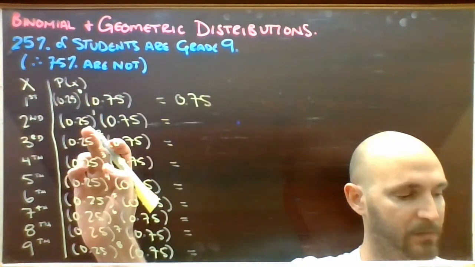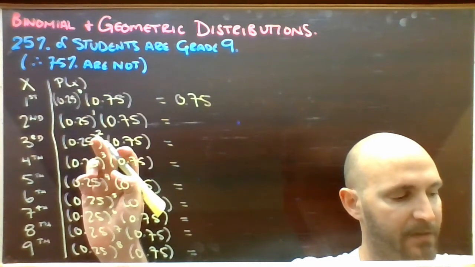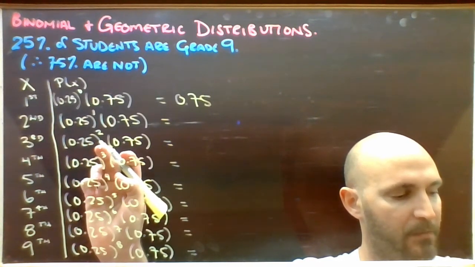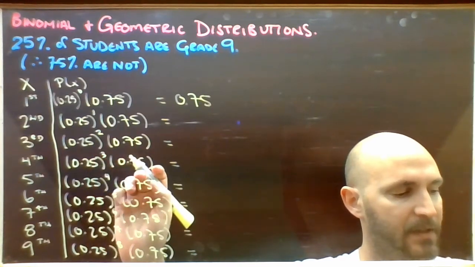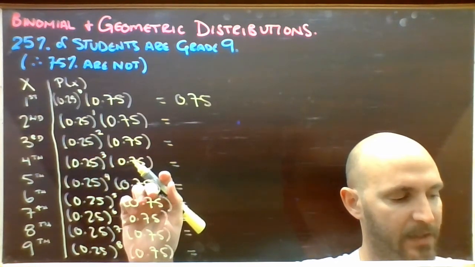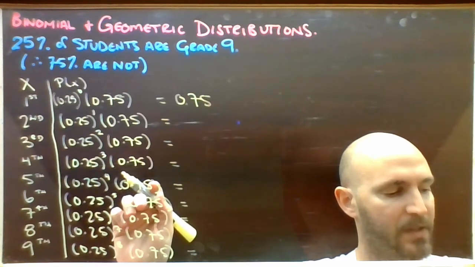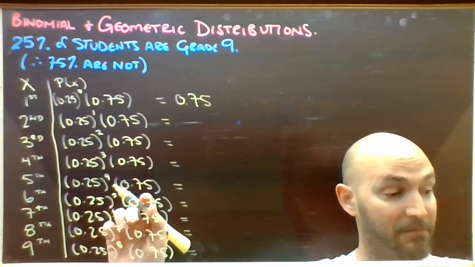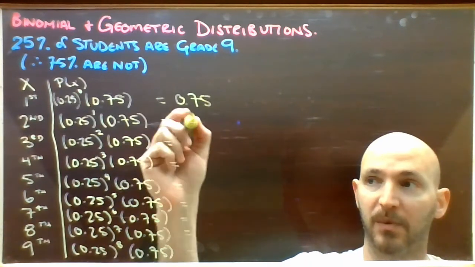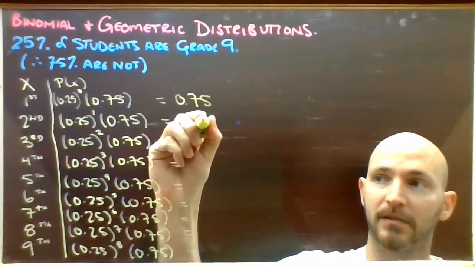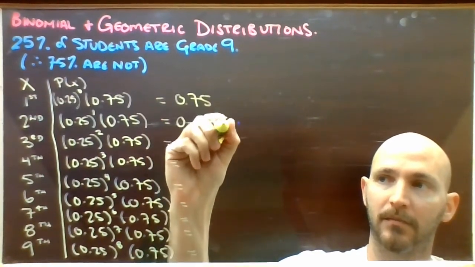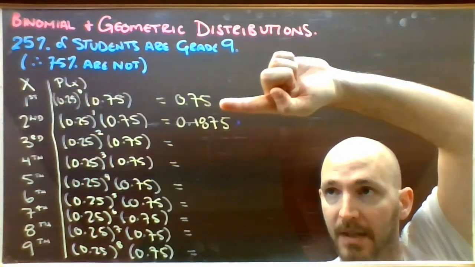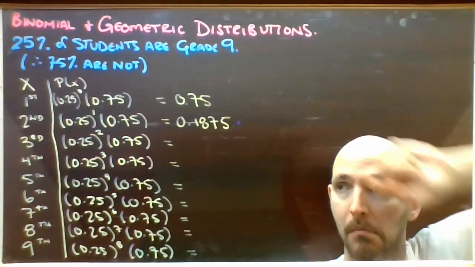This next row, 0.25 multiplied by 0.75. Let's try that again. 0.25 times 0.75 is 0.1875. And look what's happened to that probability. There is quite a drop from this outcome to that outcome.